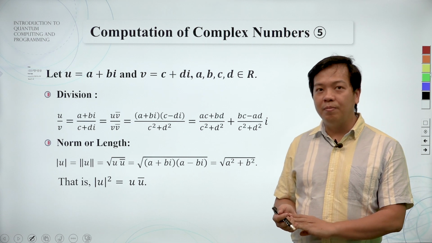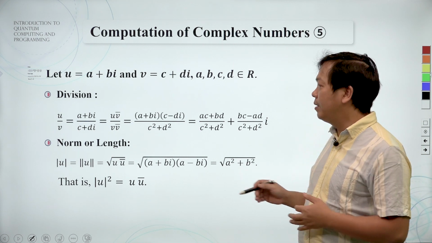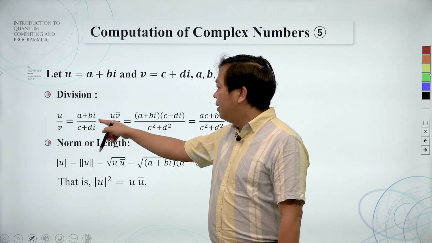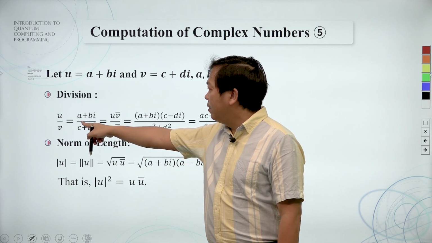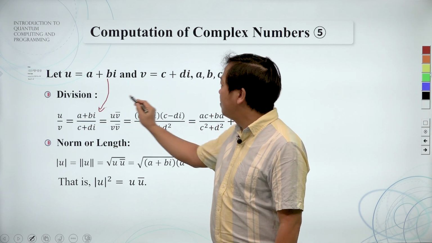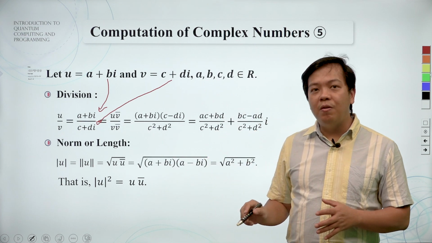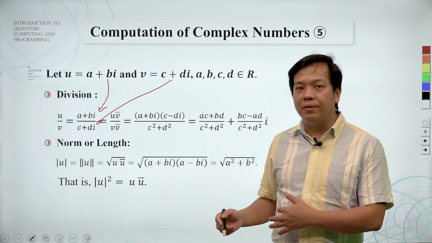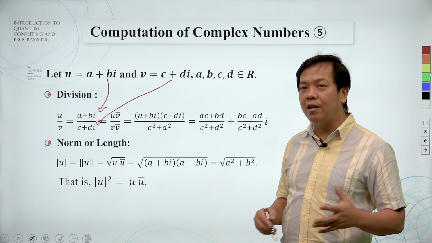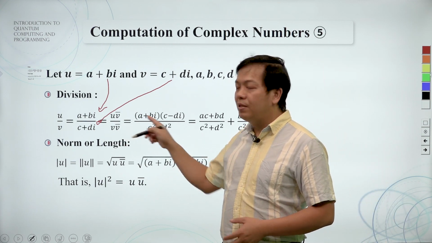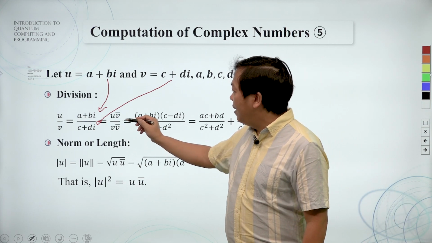We can base division on multiplication. You see over here, this is from this part, right? But we do not know how to divide two vectors. So we can move to multiplication first.